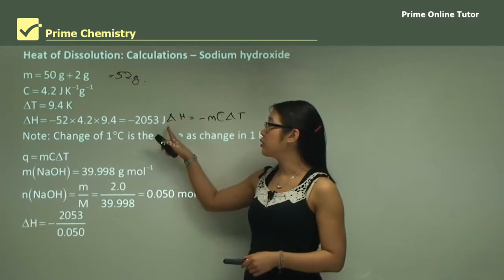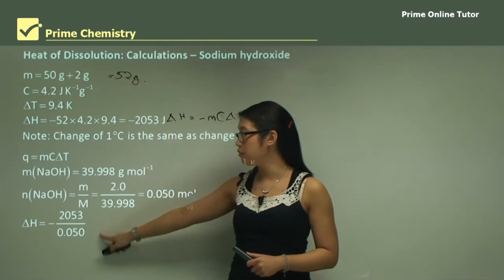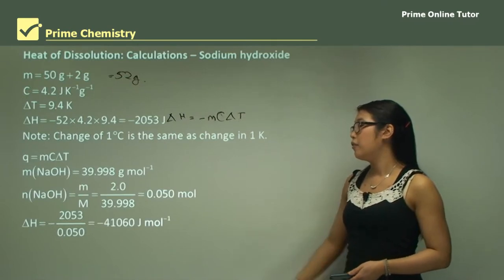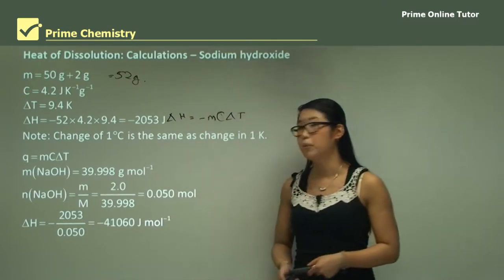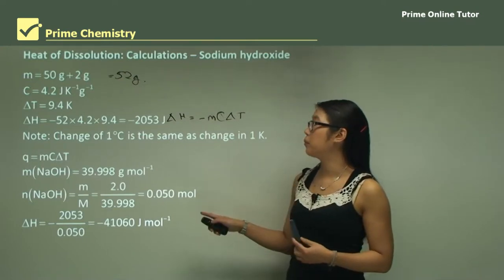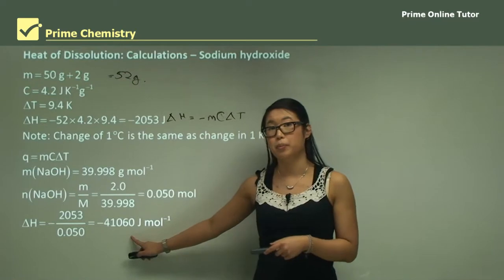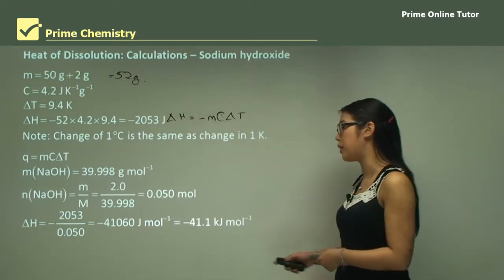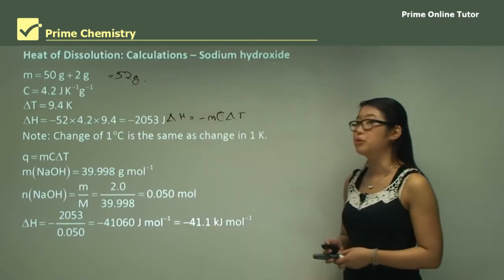Then we divide what we first calculated as our delta H by the number of moles, and that means we get minus 41,060 joules per mole. So every time we dissolve 1 mole of sodium hydroxide, this amount of energy will be released. And when we convert joules to kilojoules, dividing by 1,000, we get minus 41.1 kilojoules per mole.